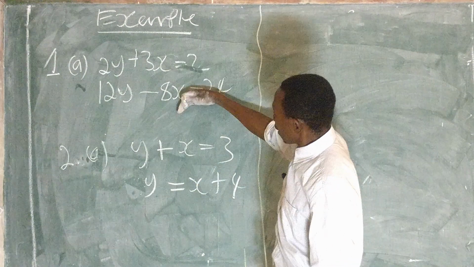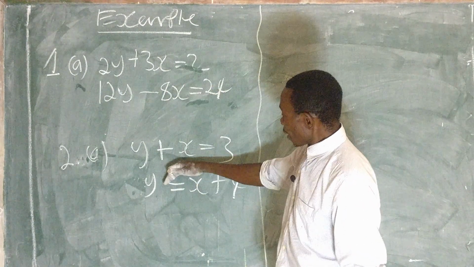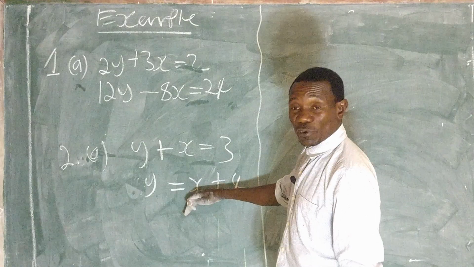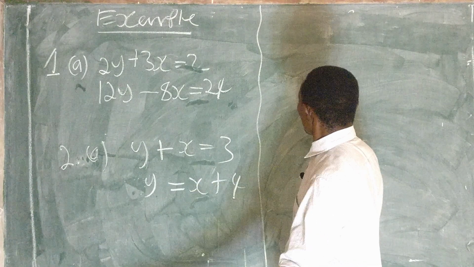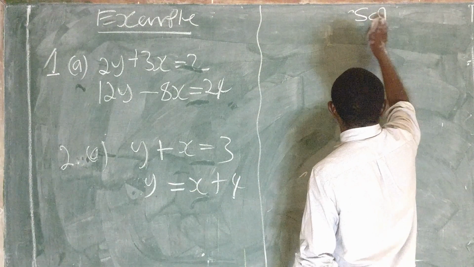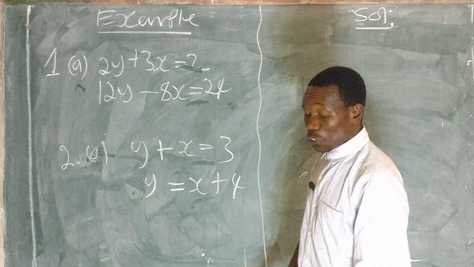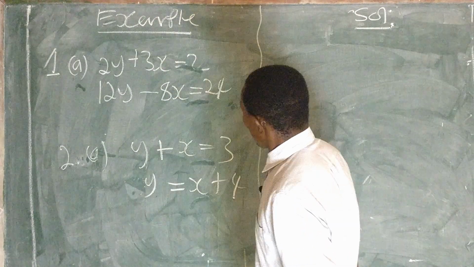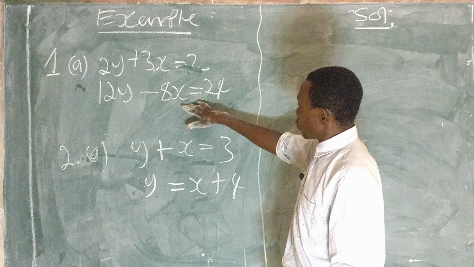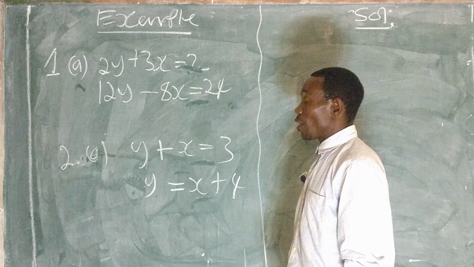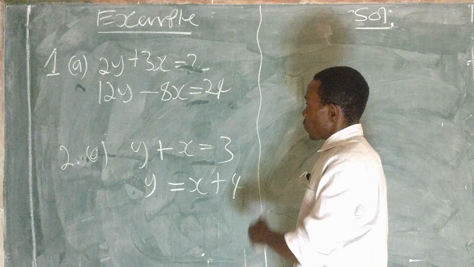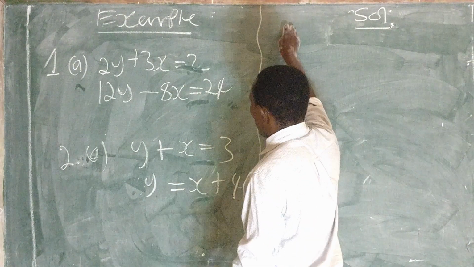More like, is this line and this line perpendicular to each other? Secondly, is this line and this line perpendicular to each other? You as the student don't have to worry. The condition remains the same. If I multiply the gradient of this equation and that equation, and the value is -1, then it's okay. So let's work out on that one.